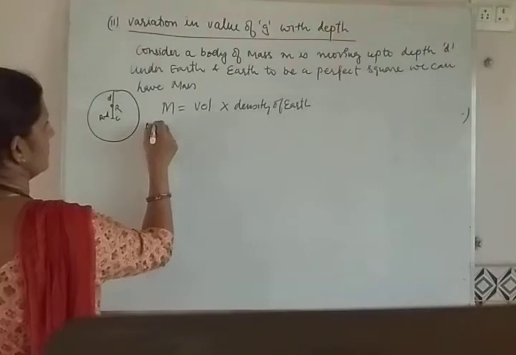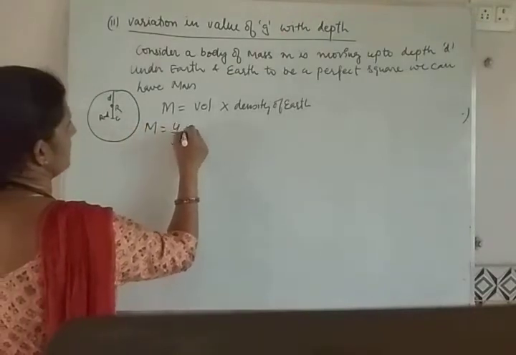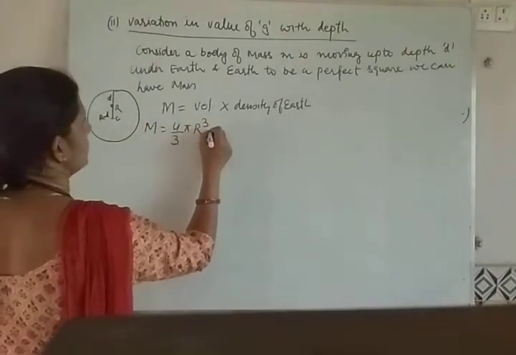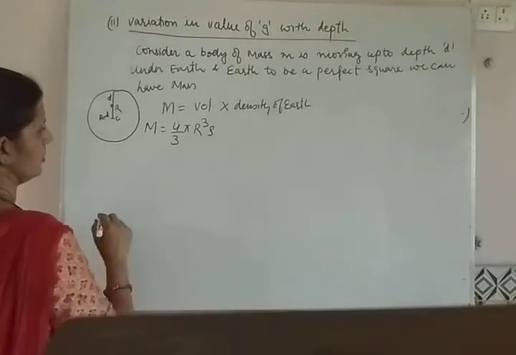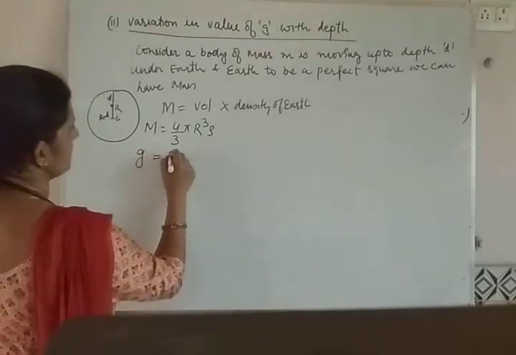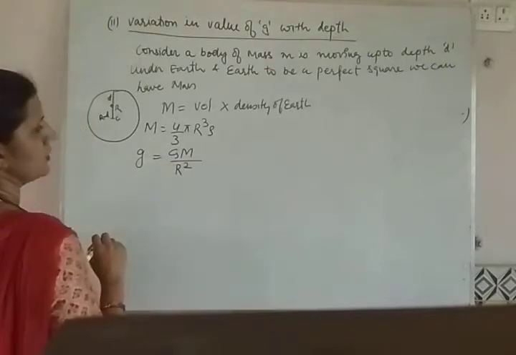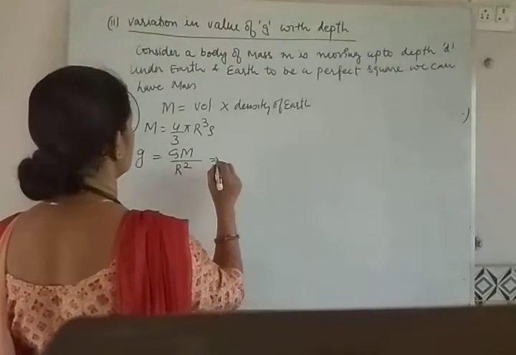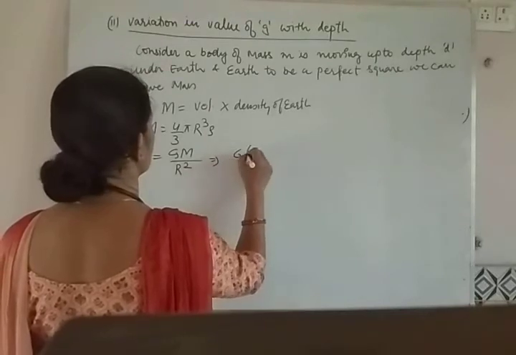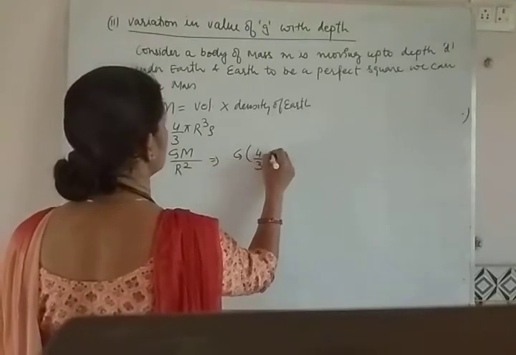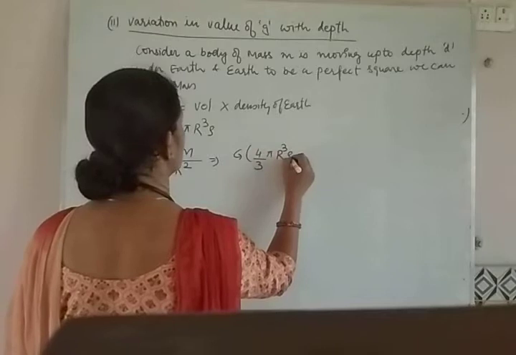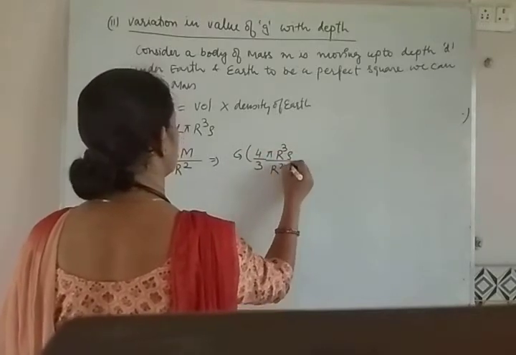This M is equal to 4 by 3 pi r cube into rho, and the value of g is GM by r square. So you can have g equal to G into 4 by 3 pi r cube rho divided by r square.